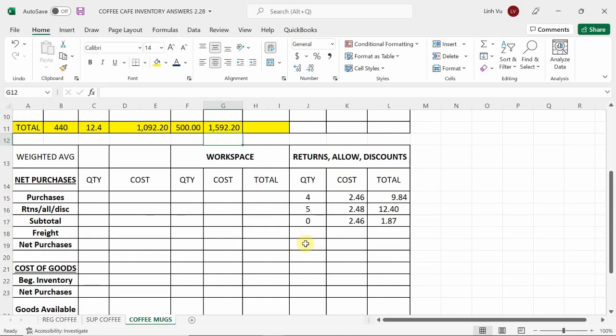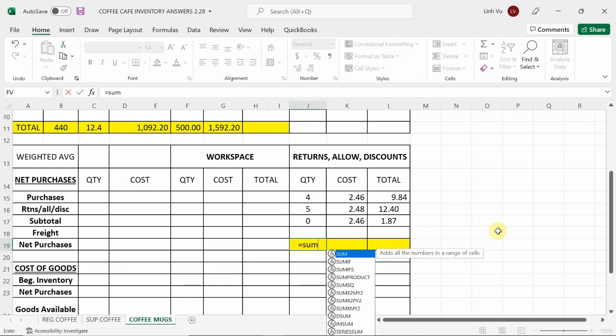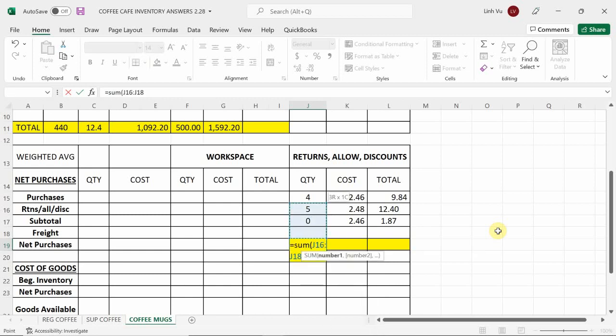Now, don't forget, we also need to calculate our discounts, returns, and allowances, because this is what we incurred while making our purchases. We ended up receiving broken coffee mugs, so we got a refund or a vendor credit back to our account, which applied to our invoice.